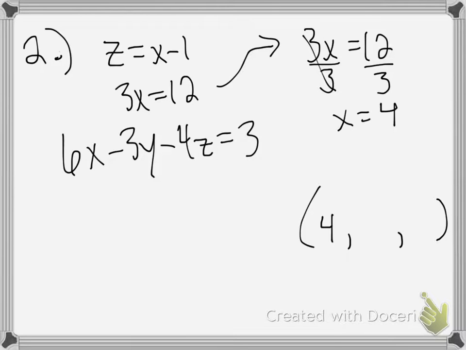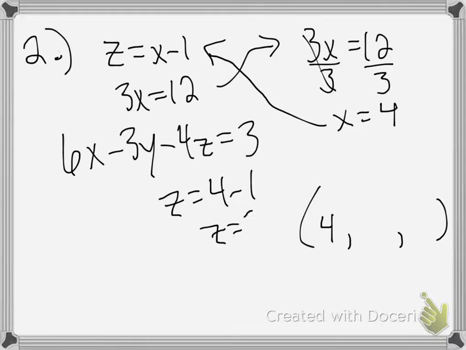Now I can easily find my z value by just plugging in x. Z equals 4 minus 1, so z equals 3. I'm already over halfway done. This one's pretty easy. Now I can just plug x and z into this bottom equation, this third equation.